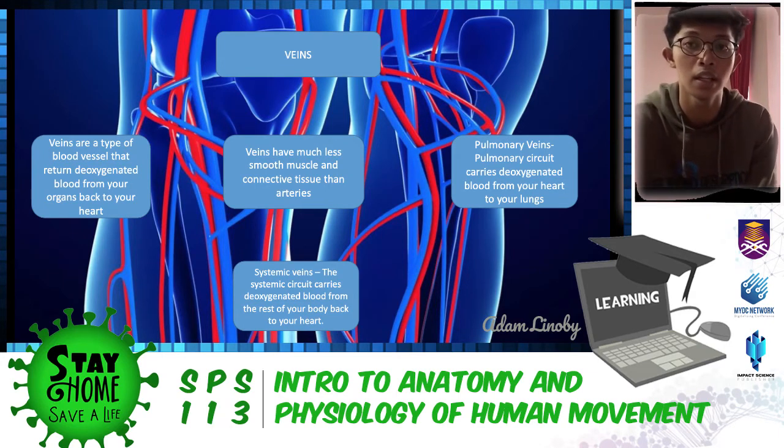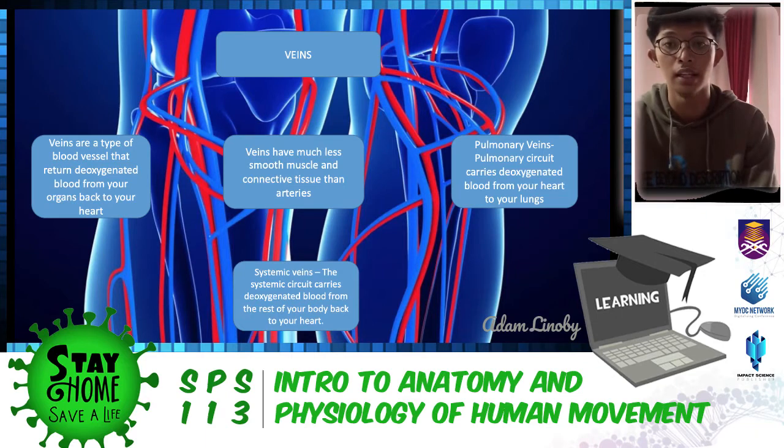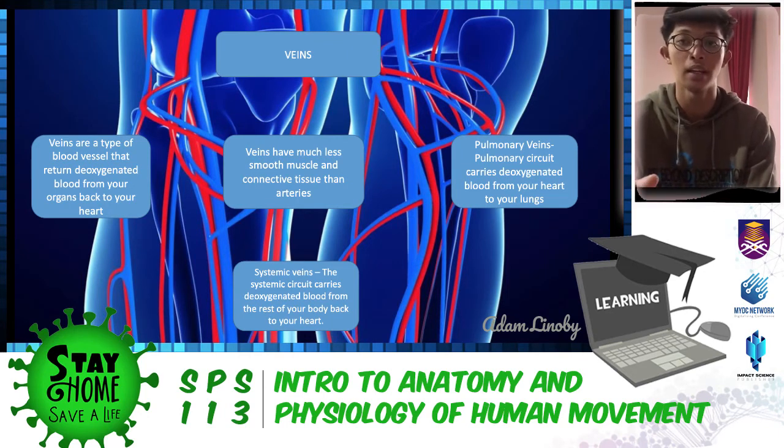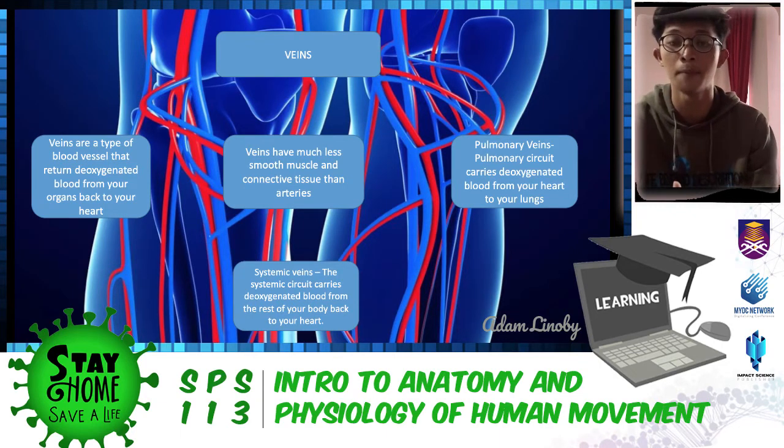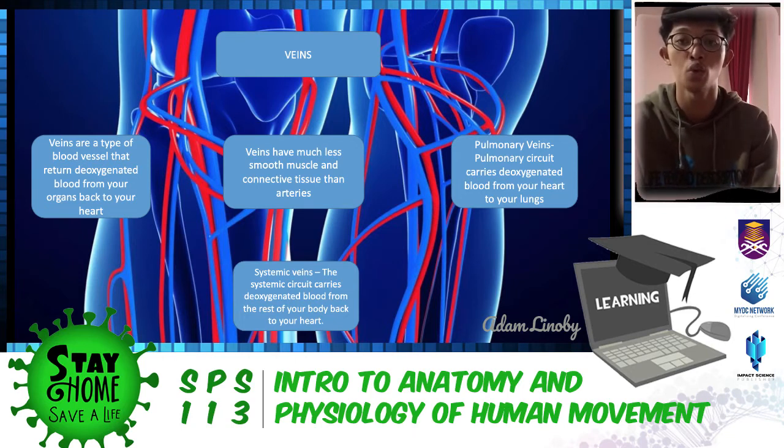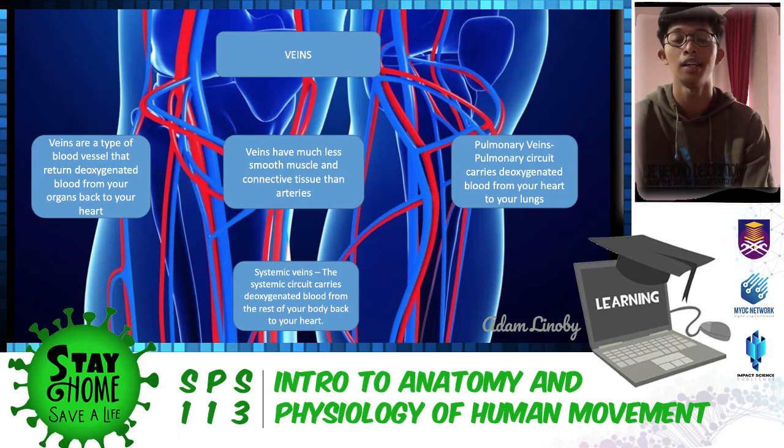Maksudnya pulmonary veins ni ialah kitaran pulmonari yang mengangkut darah yang kurang beroksigen daripada jantung, pergi ke paru-paru, lungs, untuk pertukaran gas, which is semasa di paru-paru pertukaran gas berlaku, darah yang kurang oksigen akan bertukar menjadi darah yang kaya dengan oksigen.